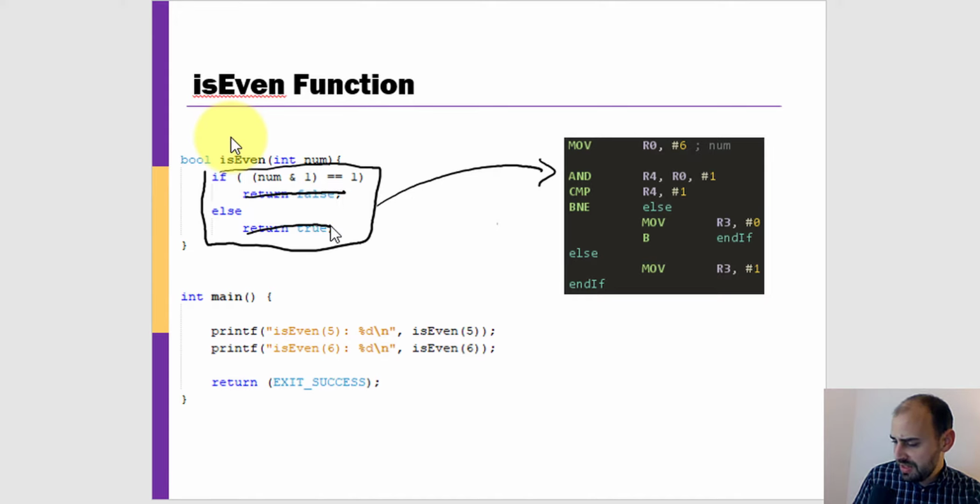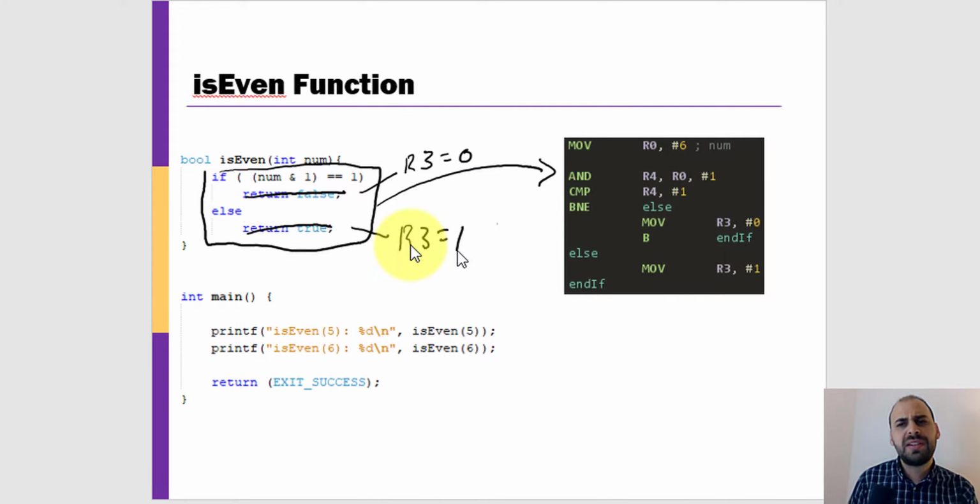I'm going to set a register equal to 0 if it's false, and 1 if it's true. Underneath the surface, that's what a Boolean effectively is anyway. It's a 0 for false and a 1 for true. But we're not returning anything. We're going to ignore that temporarily just to look at the logic.